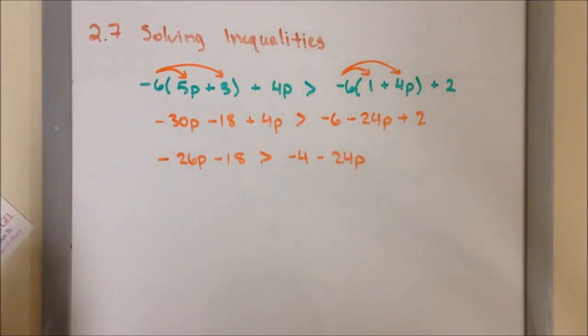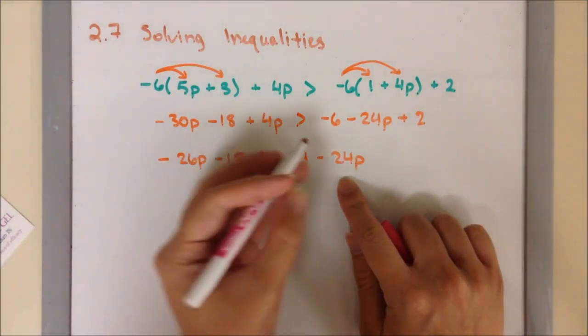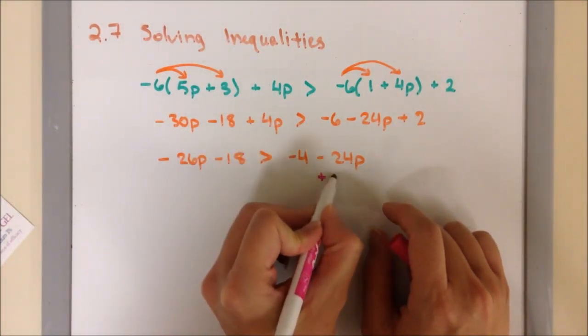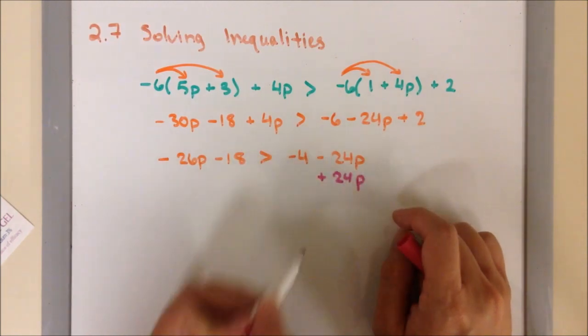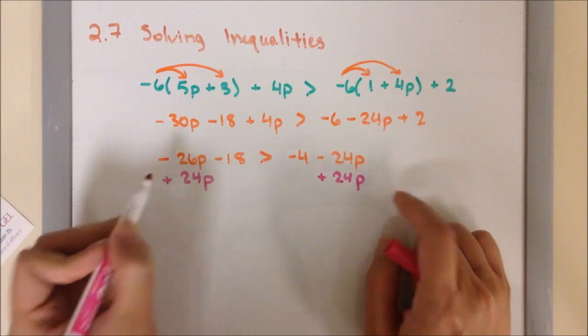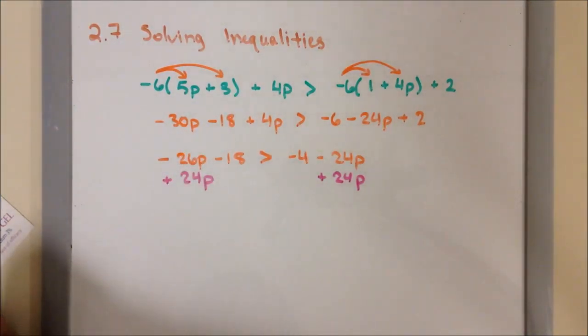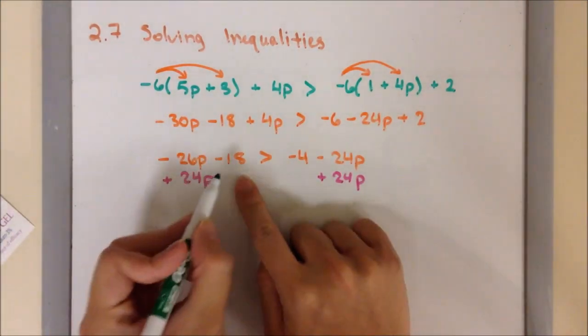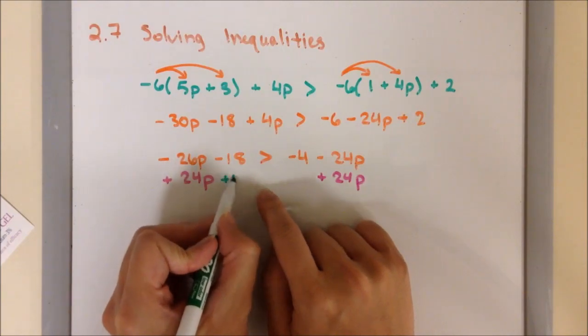Alright, from there, I'm going to get all my variables on the left side and all my numbers on the right side. So I'm going to cancel out the minus 24p by adding 24p on the right and adding 24p on the left. Next, I'm going to cancel out my minus 18 by adding 18 on the left.